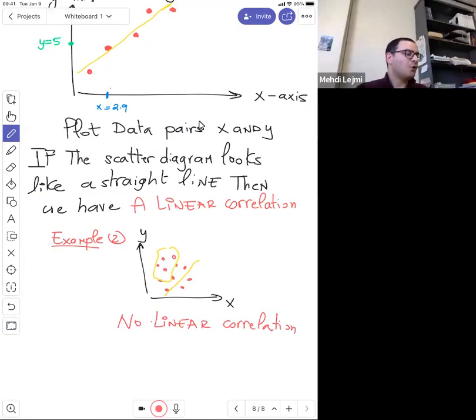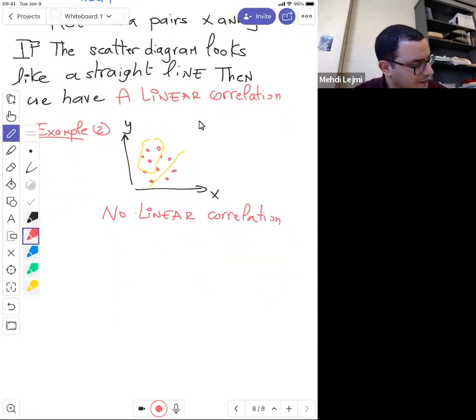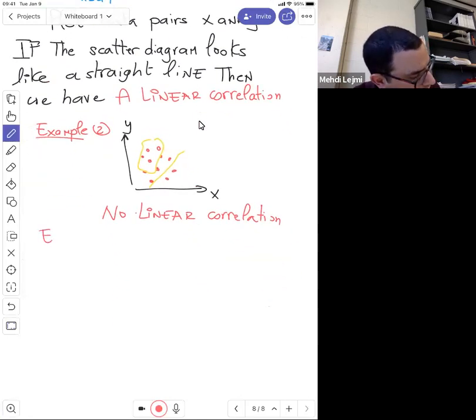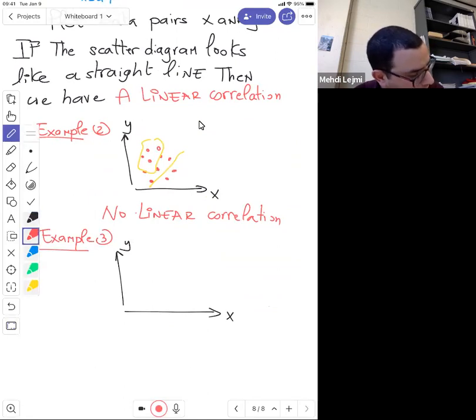Actually, of course, if all the points lie on the same straight line, then you would have what we call a perfect linear correlation. So in this next example, example 3, let's say this is your scatter diagram, X and Y, and here's your data.